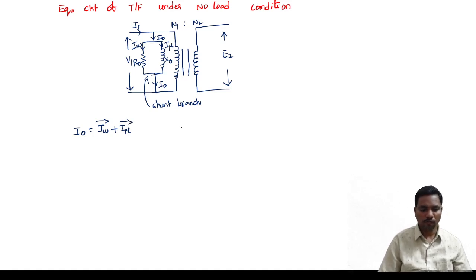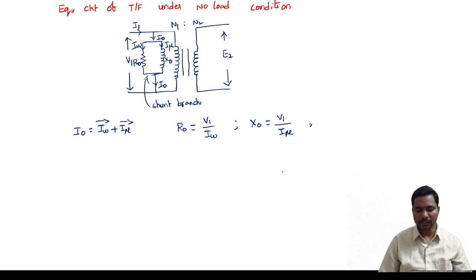If you want R naught, across this we have the voltage V1 by the corresponding current IW. So you can get R naught. If you want to get X naught, across this we have the voltage V1, the current flowing through this is I mu. So like that you can calculate R naught and X naught.